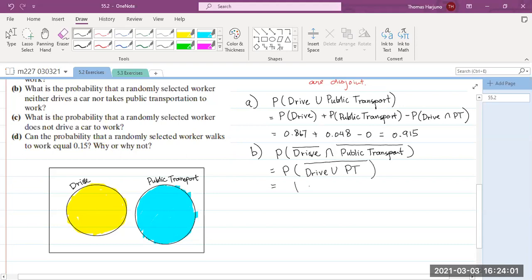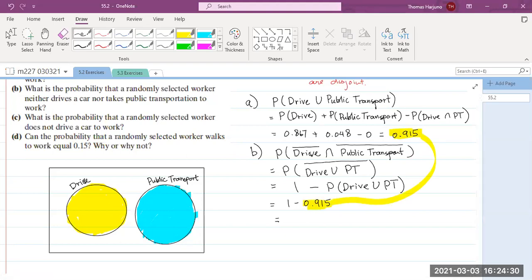But that equals 1 minus the probability of driving or public transport, which is 1 minus 0.915. Now that 0.915, I got it from part A. And that will be 0.085.